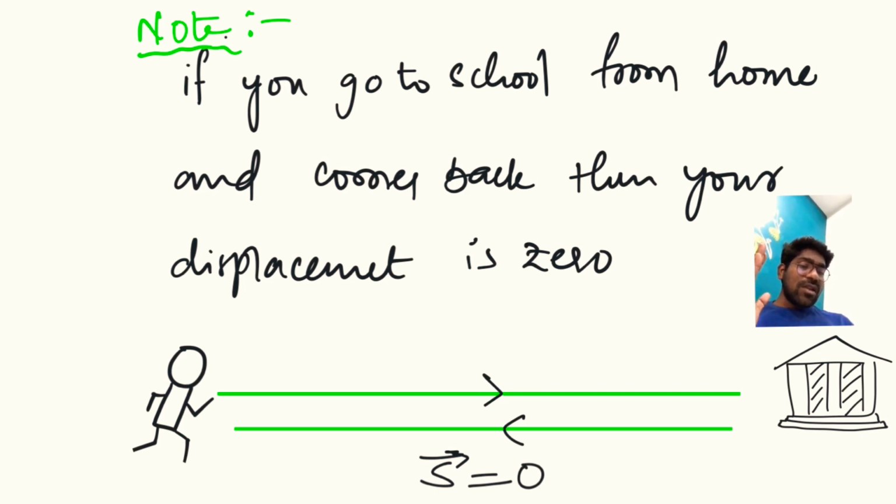It is having a certain value as well as a certain direction. Then when you are returning back, you can see it has the same value, and also it is having exactly the opposite direction. So that will nullify both the things. That makes your displacement zero. Okay, so that's the point you need to keep in your mind. Hope it's clear, right?